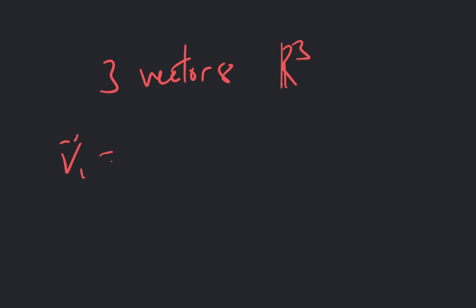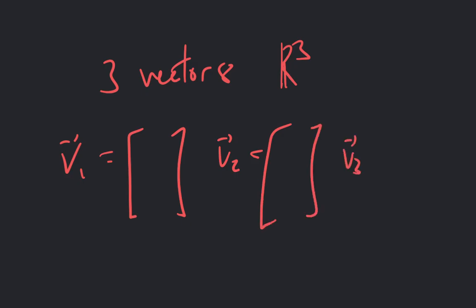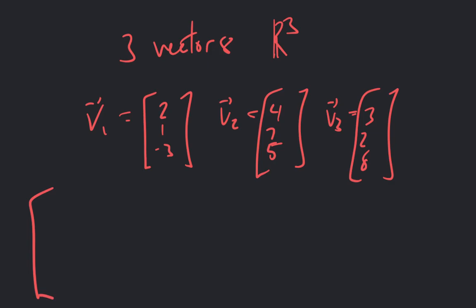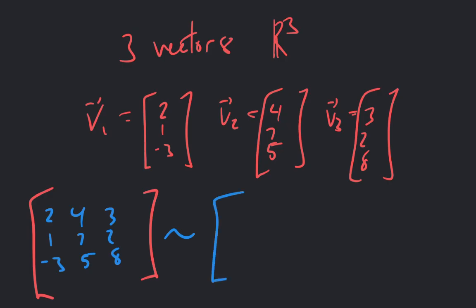So let's say 2, 1, negative 3, 4, 7, 5, 3, 2, 8. So what you do is you put this into a matrix and then you row reduce.